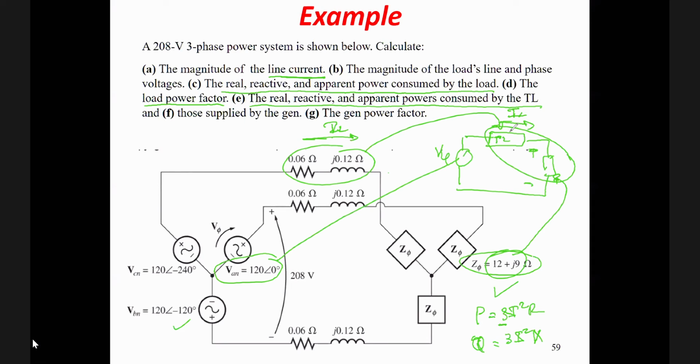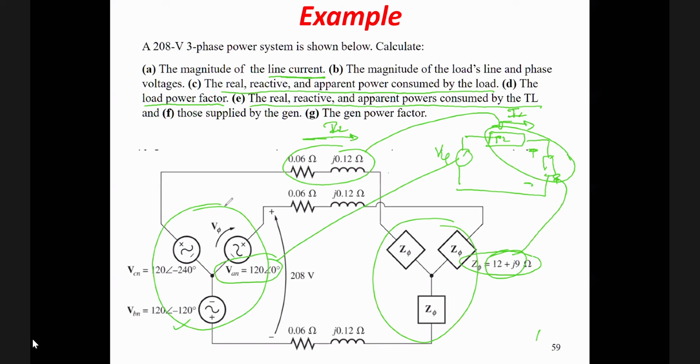So we can use it for the transmission line, or someone might come and say, I'm not going to do this. I already found the power of the load, so I can find the power delivered by the source. How can I find the power delivered by the source? Well, same equations, right? 3 V phase, I phase, cosine, and then subtract.